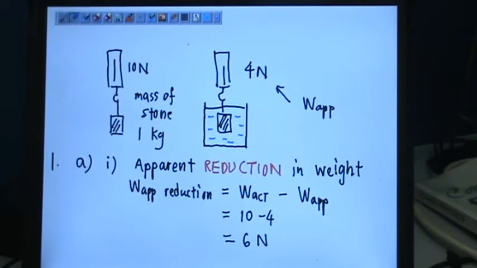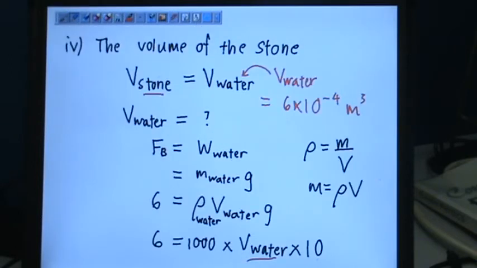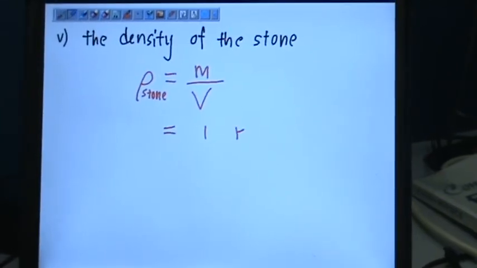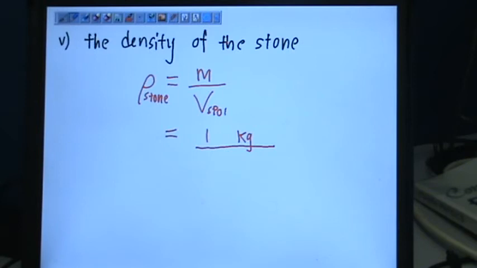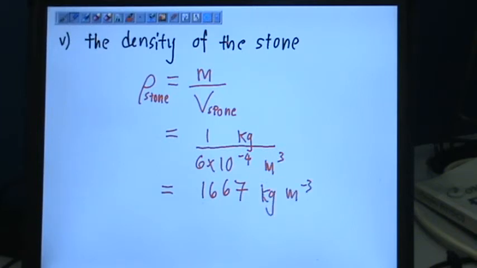The volume of the stone is 6 times 10 power negative 4. So with this in mind, you have 1667 kg per meter cube.